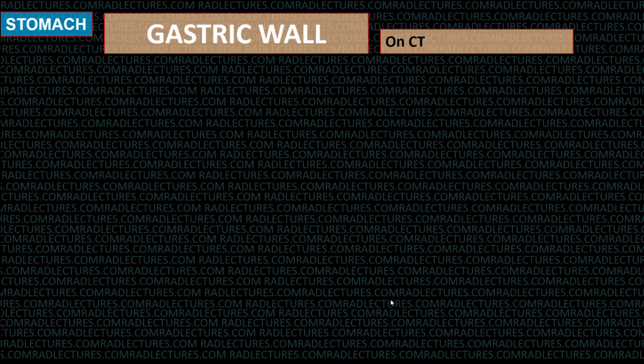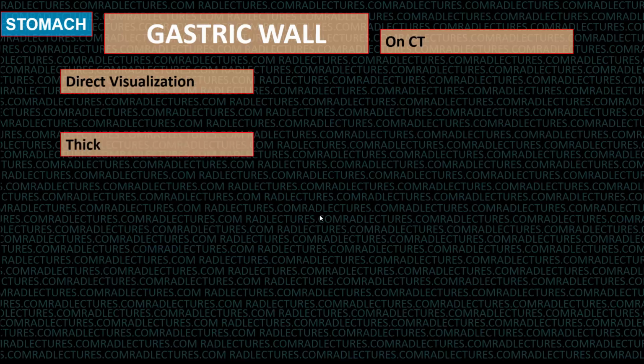On CT, the gastric wall can be visualized directly. So the things to look for in direct visualization of the gastric wall are thickness as well as any abnormal constituent of the gastric wall.